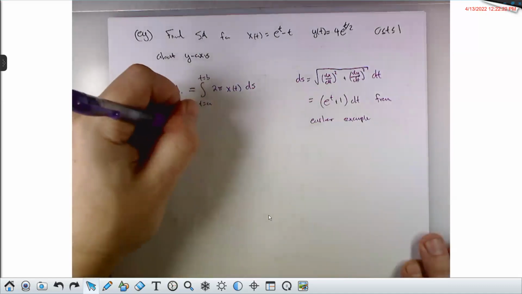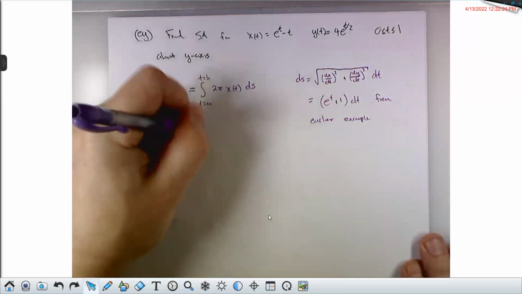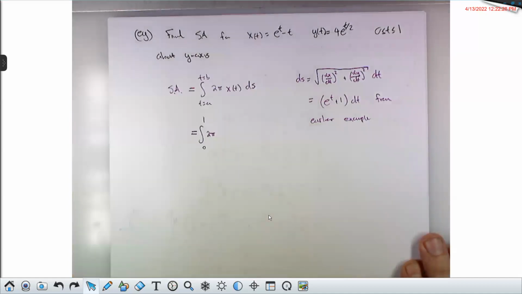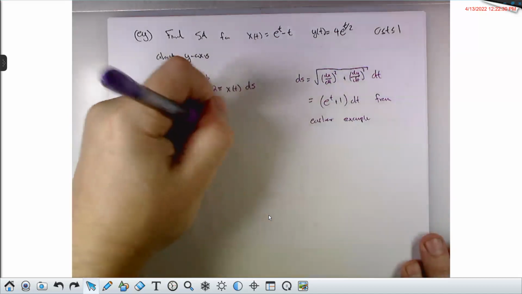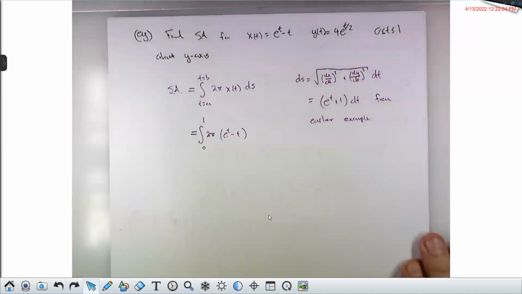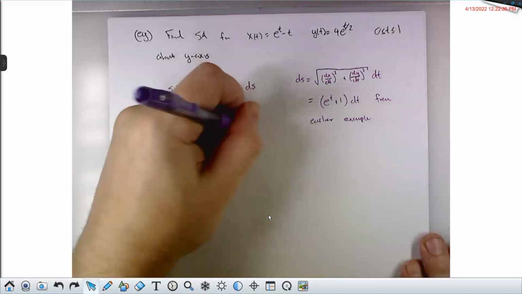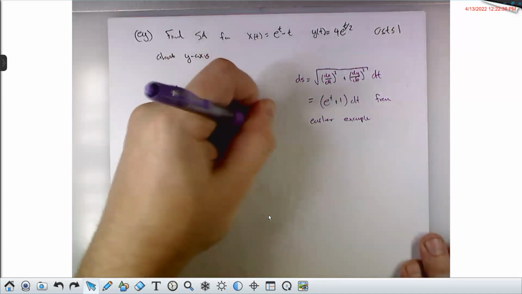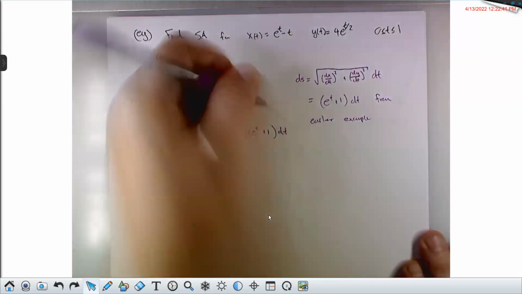So here, we're going to be integrating from 0 to 1, 2 pi times my x of t function, which is e to the t minus t, times ds, which is e to the t plus 1 dt.